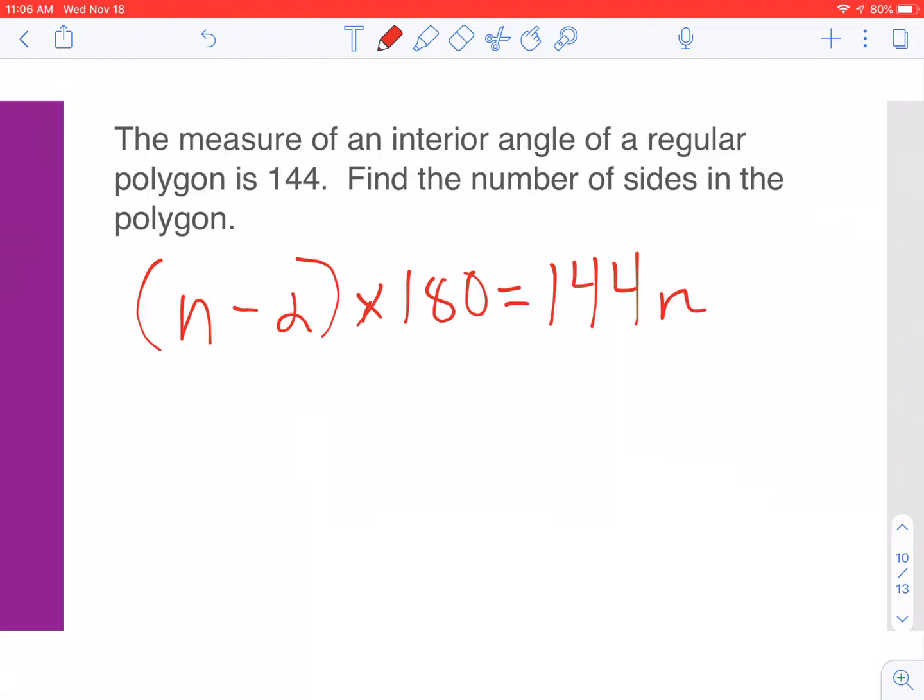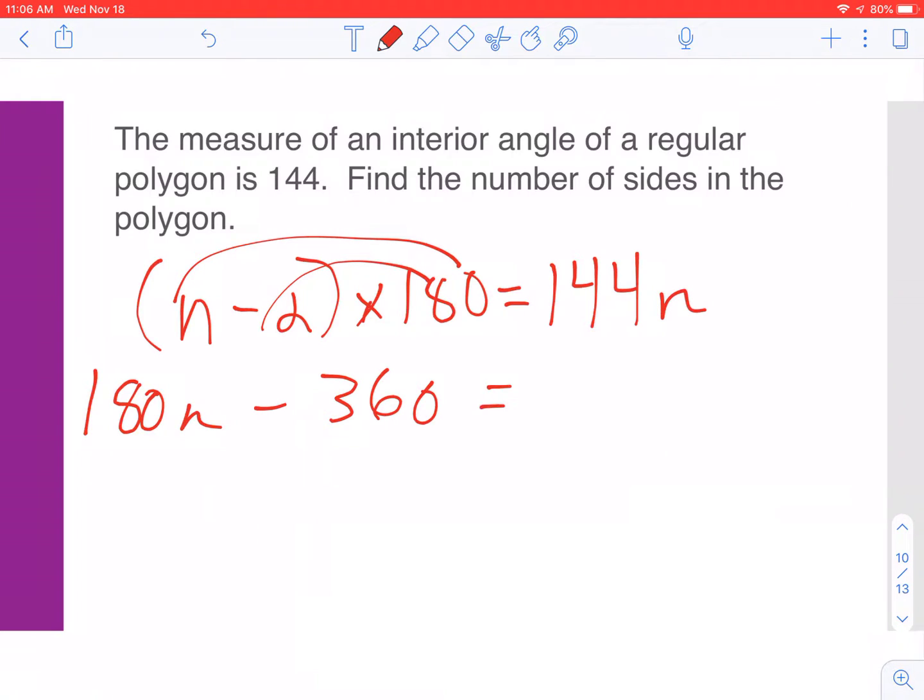I'm going to work it out for you, but then I'm going to show you what our base formula will be. So if I distribute, this will be 180n minus 360 equals 144n.